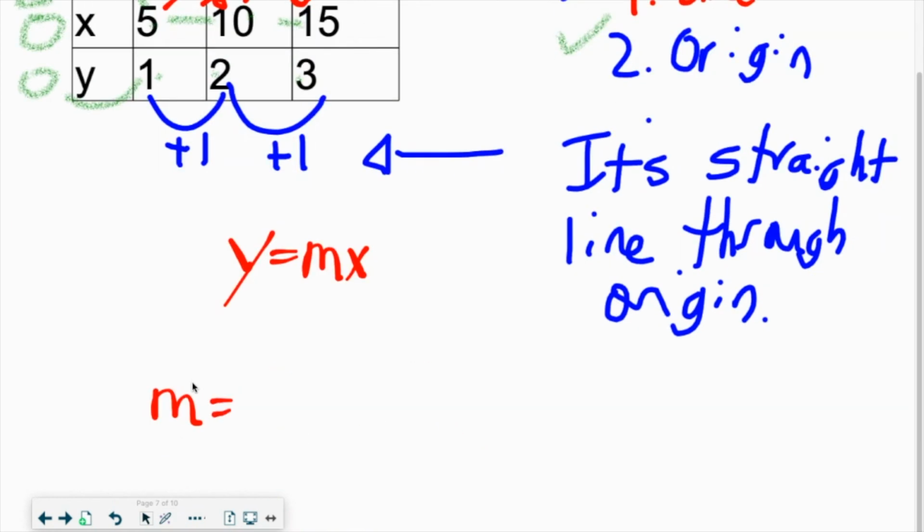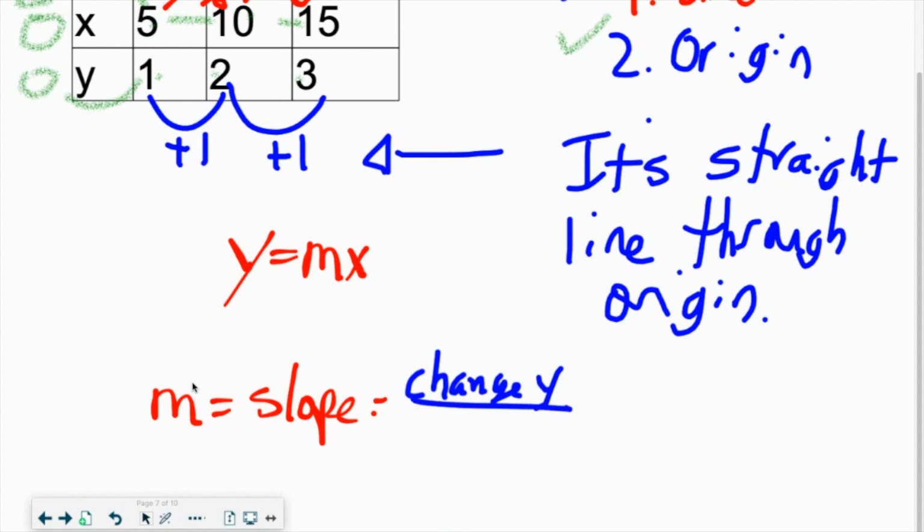So when we talk about m equals slope, we're going to need to do the change in y over the change in x, which is still your rise, how much the y changes, over the run. Just not saying it that way. So go back.